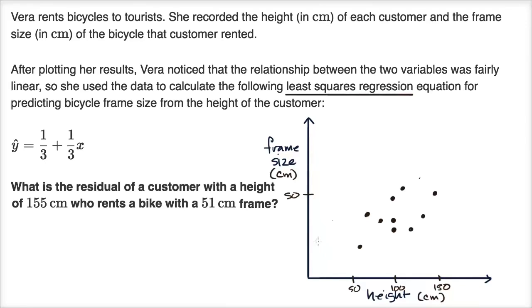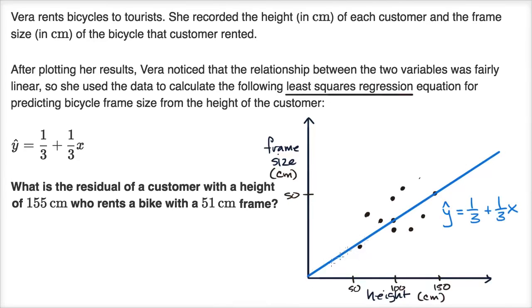And so the least squares regression might look something like this, and this is just a rough estimate of it. Actually, let me get my ruler tool. It might look something like this. So let me plot it. So that would be the line. So our regression line y hat is equal to 1/3 plus 1/3 x.